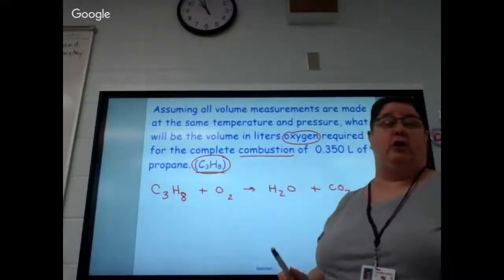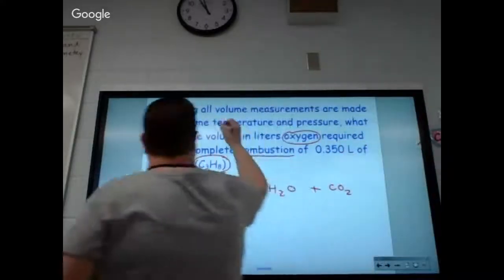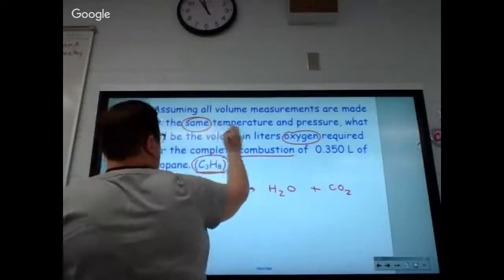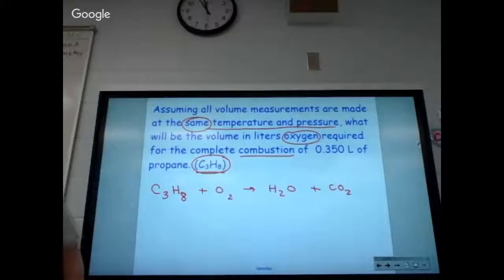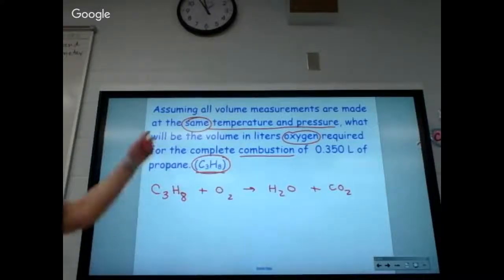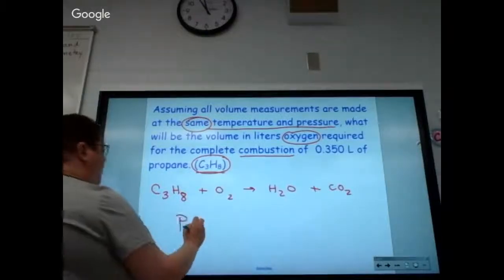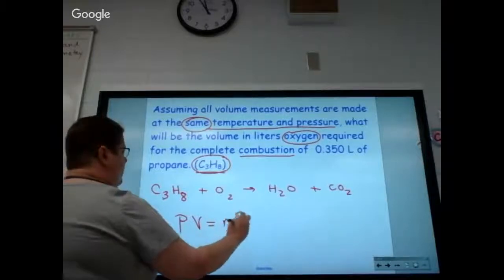The other thing we talked about yesterday you have to remember is it said you had the same temperature and pressure. Is that an actual temperature and pressure? No. So, like on your quiz today, I said STP, or I gave you an actual number for the temperature and pressure. Is same an actual number? No. So if I said same, could you plug in a number in this equation?